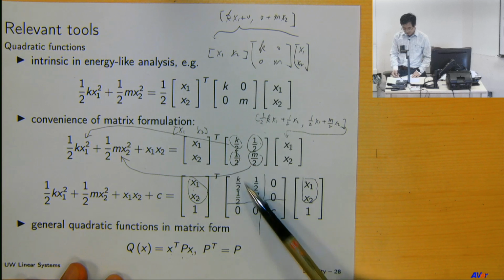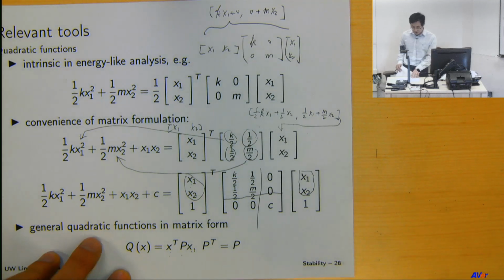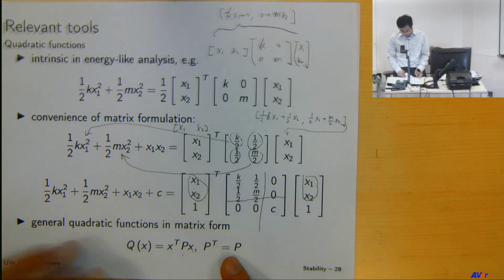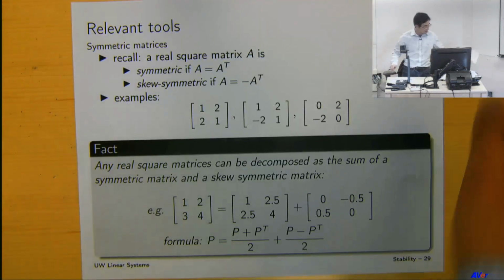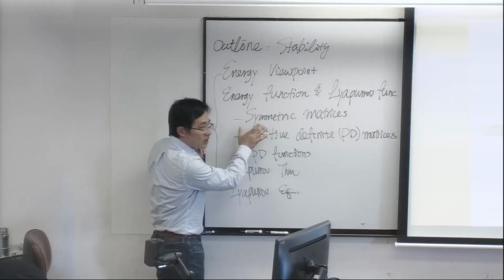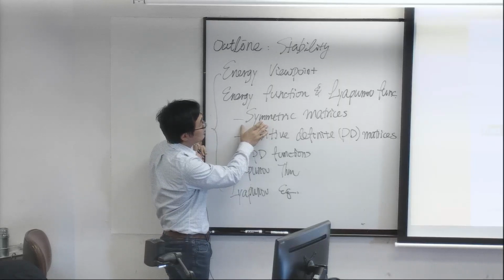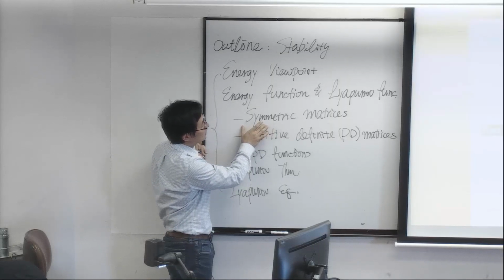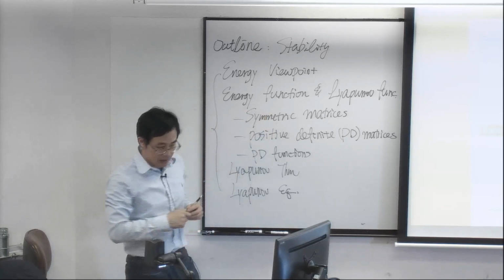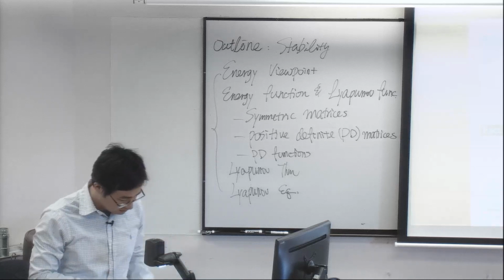All these matrices are symmetric. So general quadratic functions can be put in matrix form with a symmetric P matrix. That's the first core component of analyzing the Lyapunov function. The symmetric matrix is very important. It connects very quickly to energy-like functions.